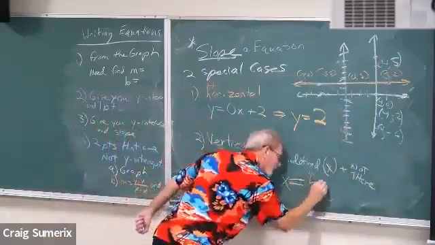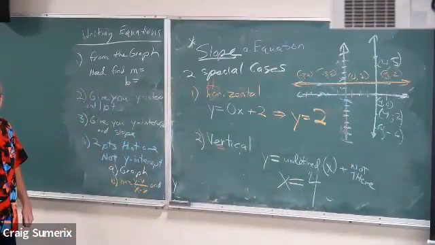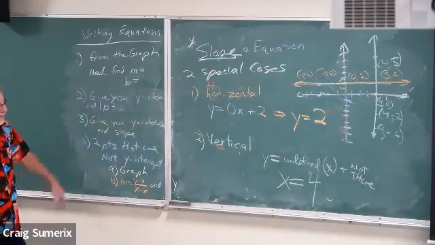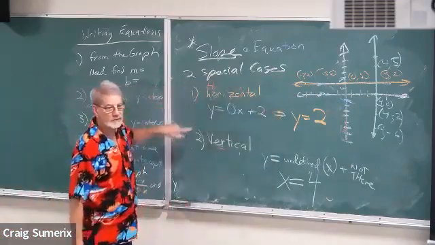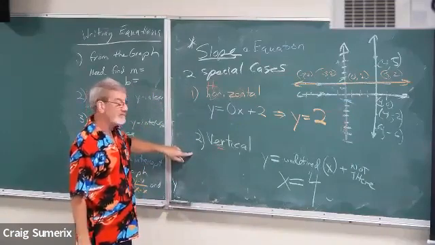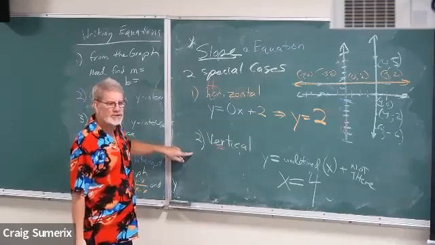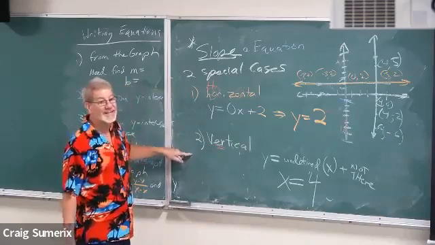X equals 4. These are the equations when you have these special cases. Your choice: either memorize it, figure some way to remind yourself, or just picture that stupid rant you just heard in your mind during the test, because that works too.